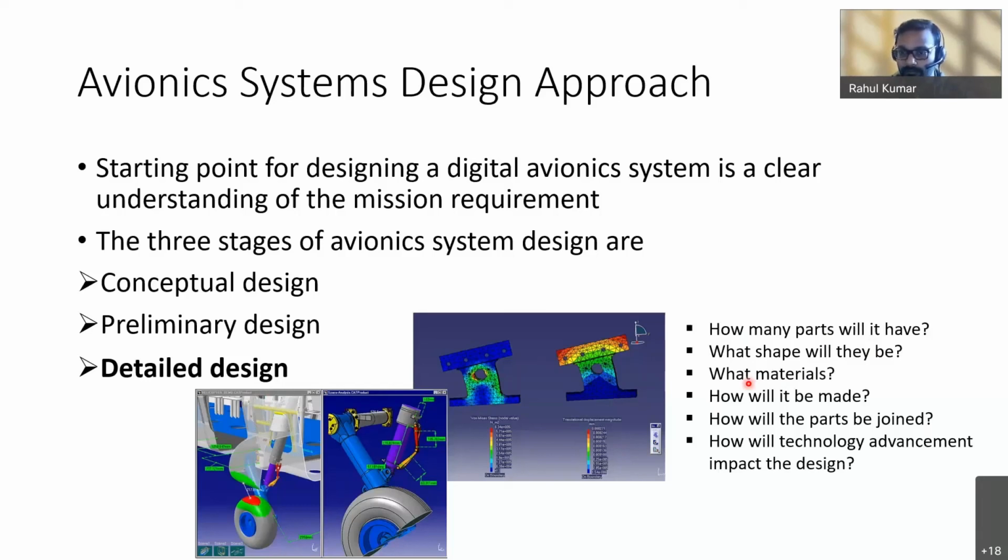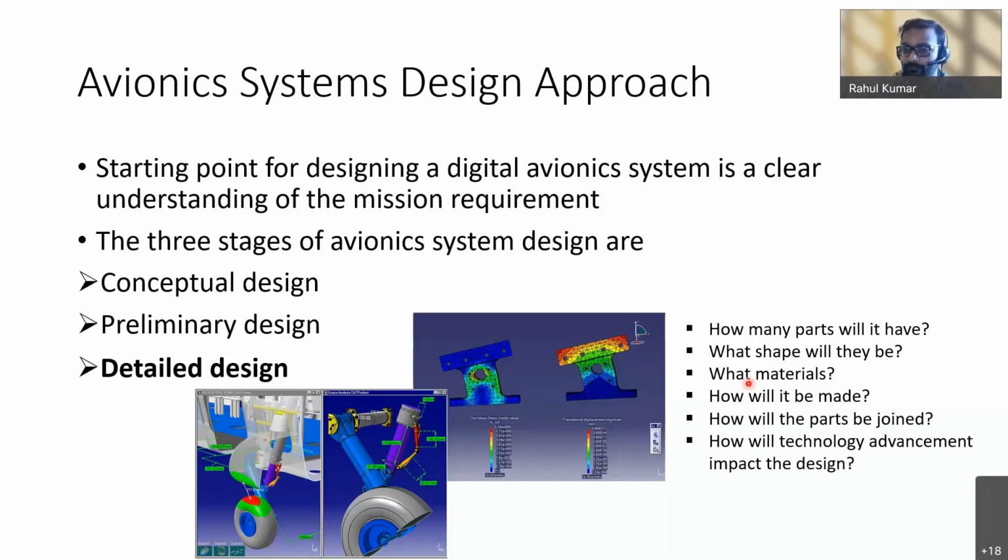Something like, if you are designing an avionics system or any part for a military aircraft, which flies at very high speed, at Mach speed, or the speed of sound, you should consider that the aircraft could fly at very high speed.